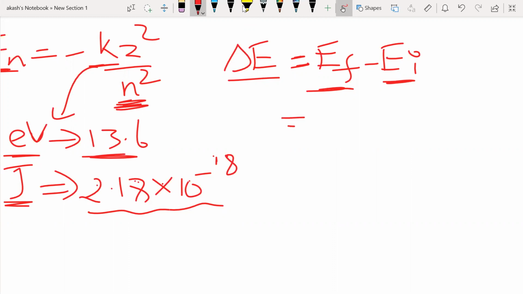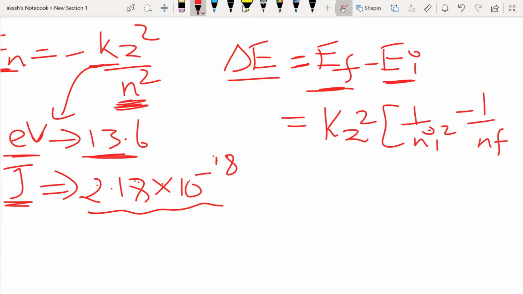So delta E equals Ef minus Ei, that is k Z squared into 1 by Ni squared minus 1 by Nf squared. Ni is the initial stationary orbit where the electron was present, and Nf is the final one. So this is your transition energy.